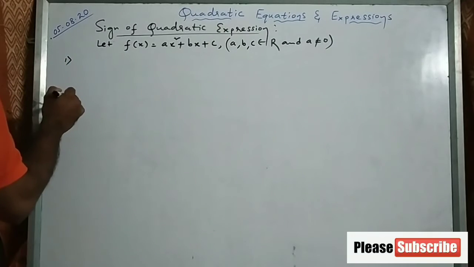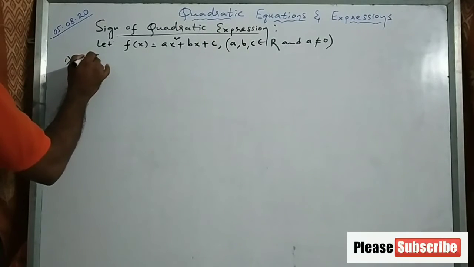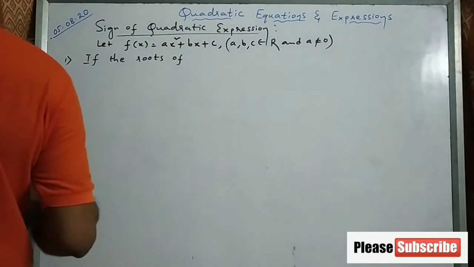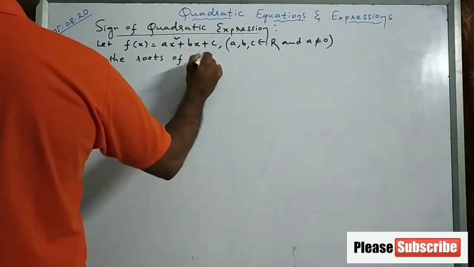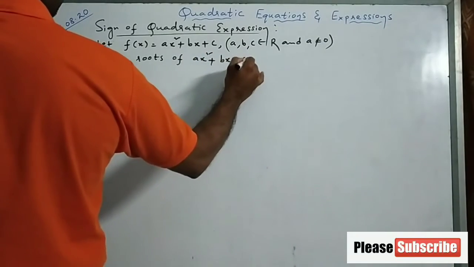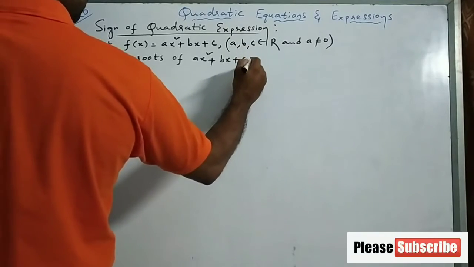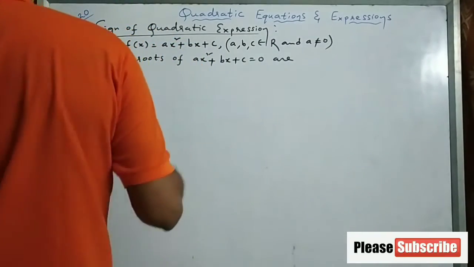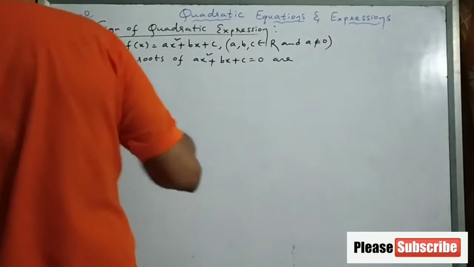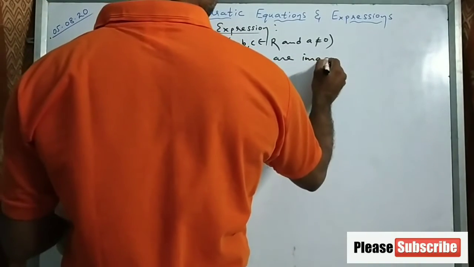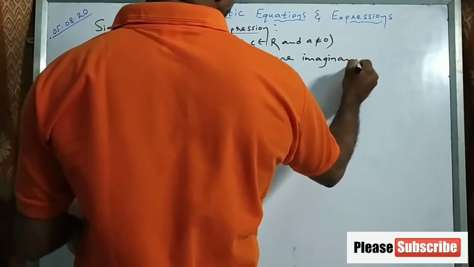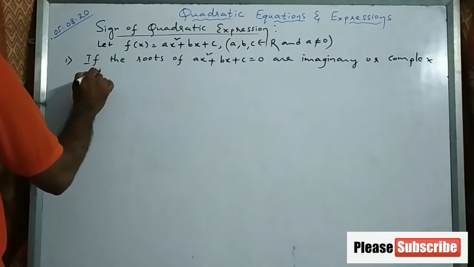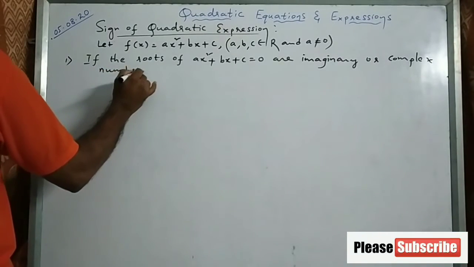First concept, if the roots of ax square plus bx plus c equal to 0 are imaginary or complex numbers.